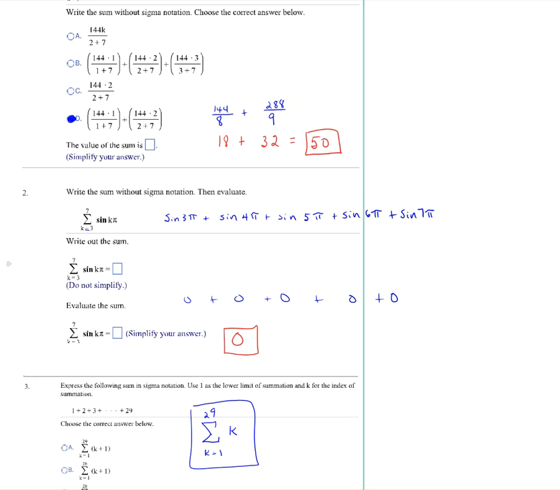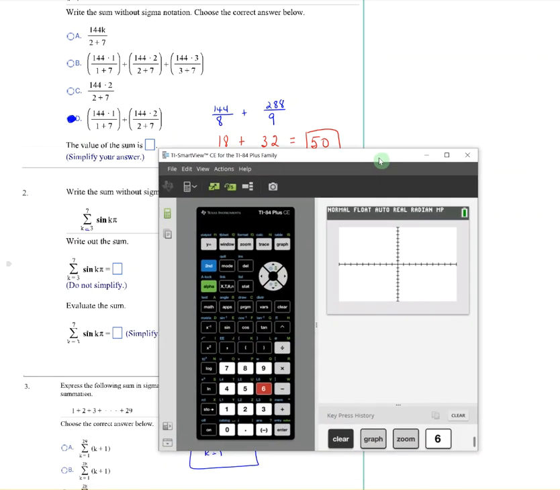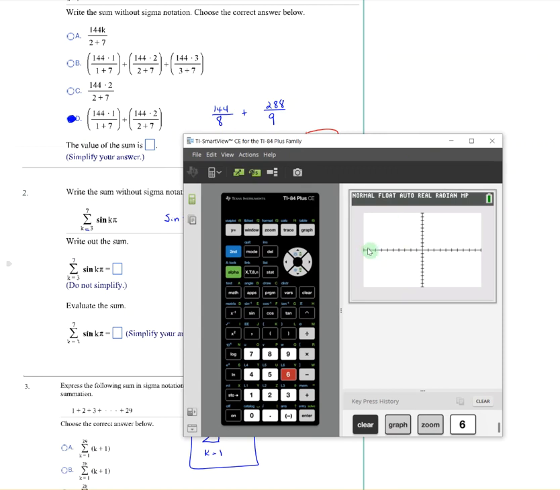Hold on, trying to get a picture. Okay, so pi is over here, and the sine of pi there is 0. That's at regular pi. And then that's 1 pi, there's 2 pi, 3, 4.